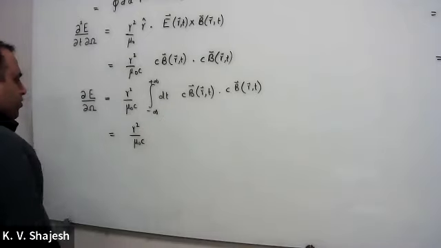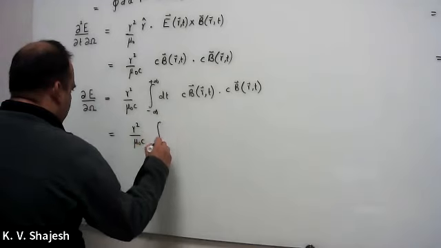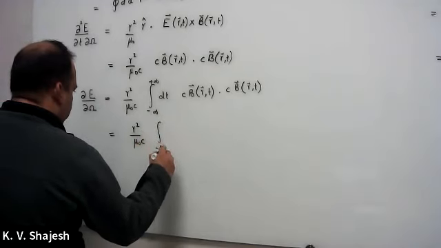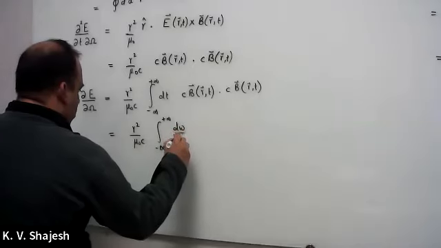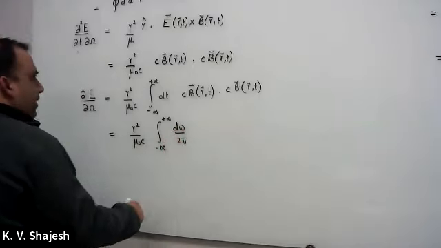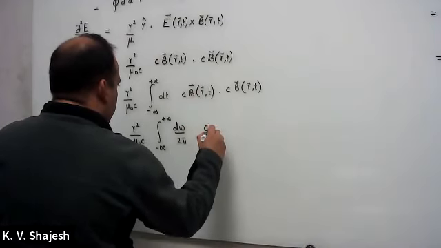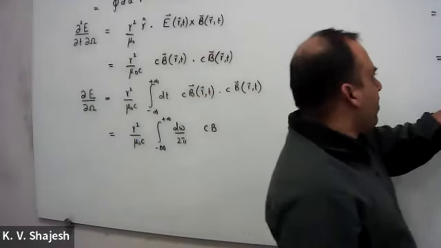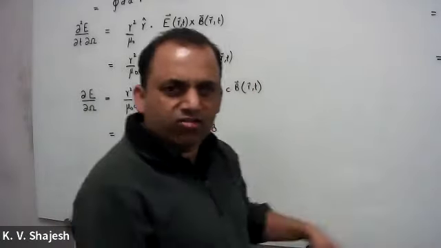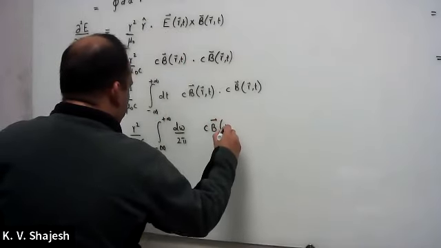Switching over to the frequency domain, that's the integral from minus infinity to plus infinity d omega over 2 pi, and this is c times B. Now, since these are the same two quantities, we'll have F times F star, that's the complex conjugate, so we are talking about the magnitude.